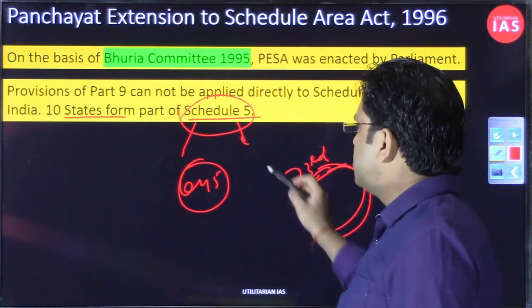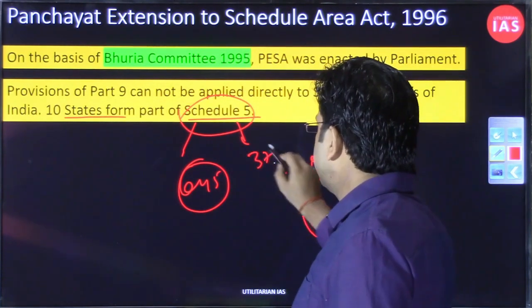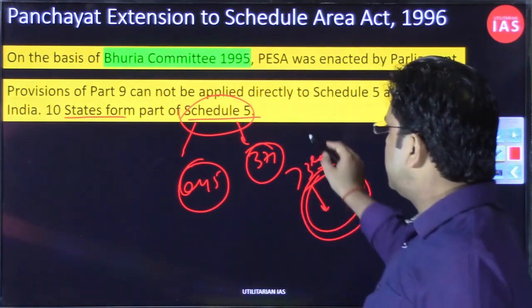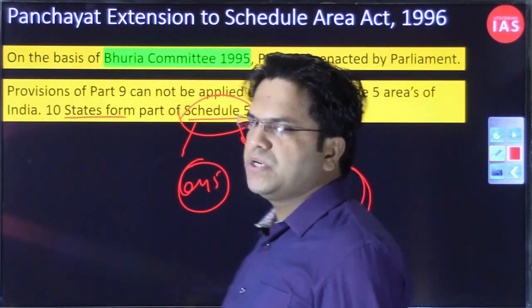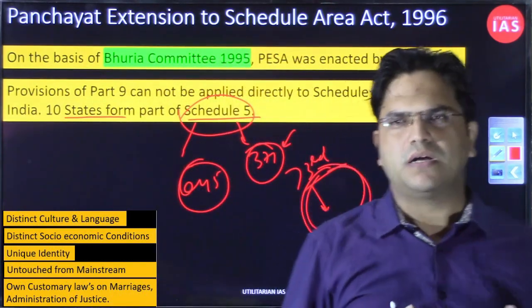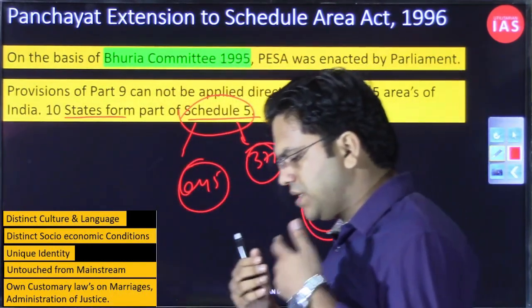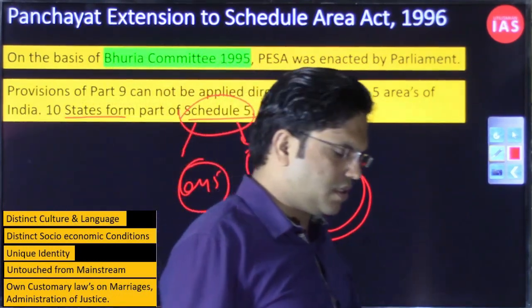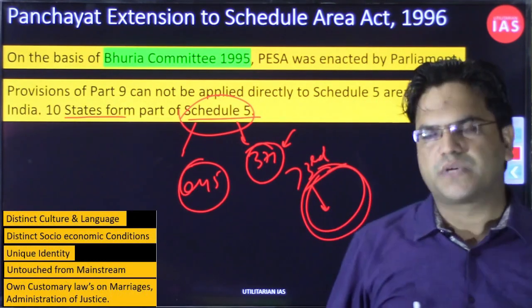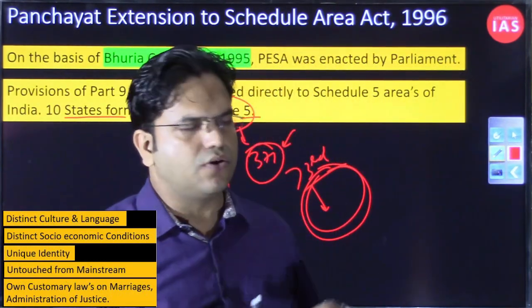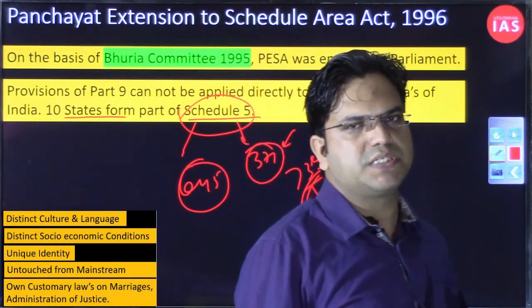As I already told you when we were discussing Article 371, these tribal people have, because of their unique culture, their unique language, their unique socio-cultural practices, and their unique administration of criminal or civil justice system, a special requirement.